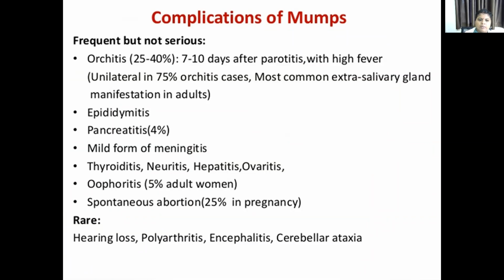Other complications are pancreatitis, meningitis, thyroiditis, neuritis, hepatitis, oophoritis, and spontaneous abortions. If it affects a pregnant lady, we'll sometimes see a spontaneous abortion. Rarely we'll see hearing loss, polyarthritis, encephalitis, and cerebellar ataxia.